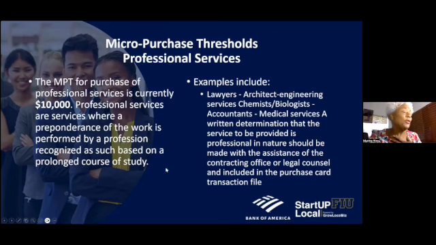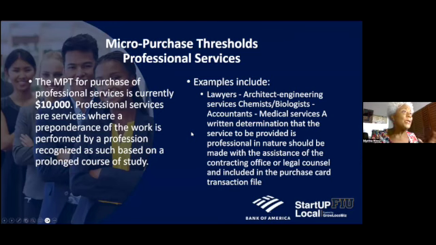Even though sometimes I put myself in professional services, because what I do is compliance, contract compliance and contracts management. But it also tells you that with the assistance of the contracting office or their legal counsel, they can clarify for you whether your services can fit. The first thing the government does is put out a request of what they need.